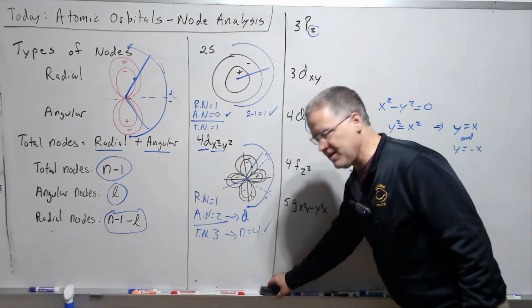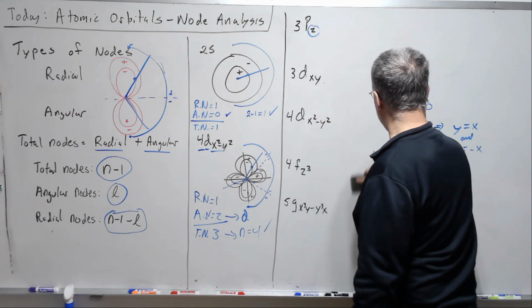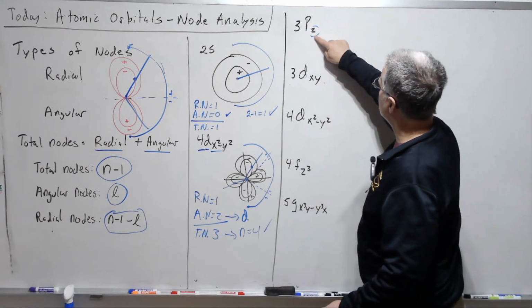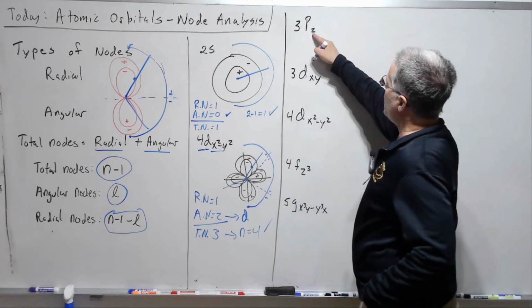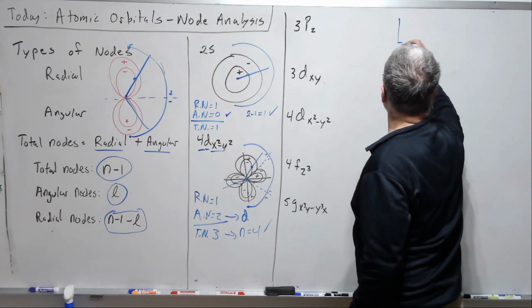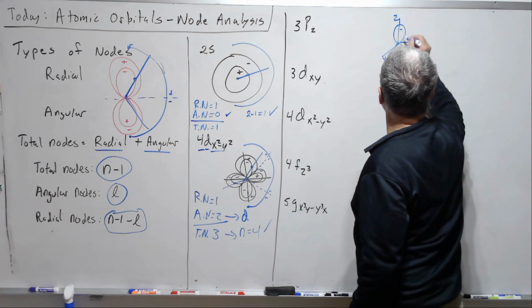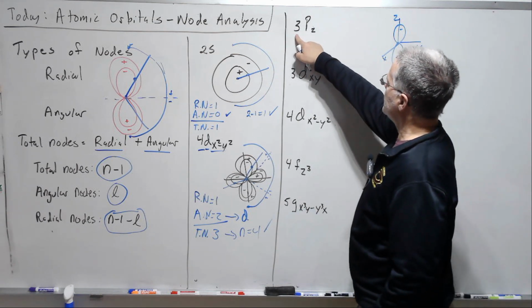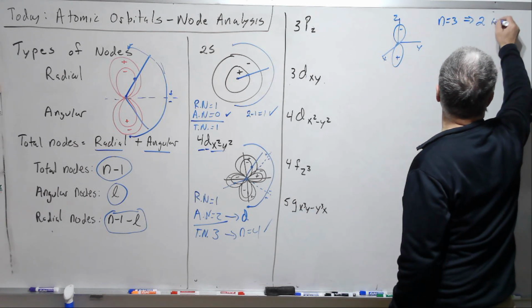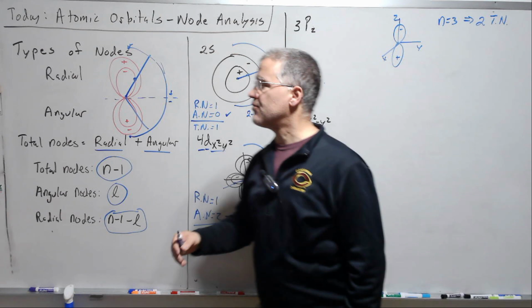Before we go beyond the ones we've already memorized, let's do kind of a full-blown analysis here. Now we know where to put this. So we would draw that like this. Now, n equals 3. So that implies 2 total nodes. So here we're doing node analysis in reverse. We've gotten the symbol.